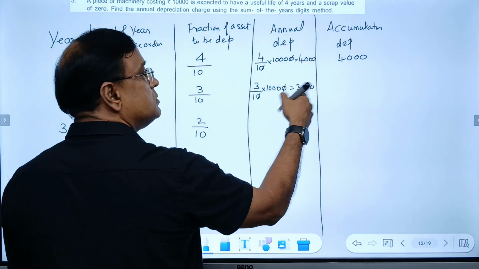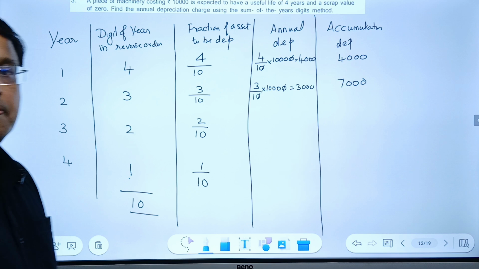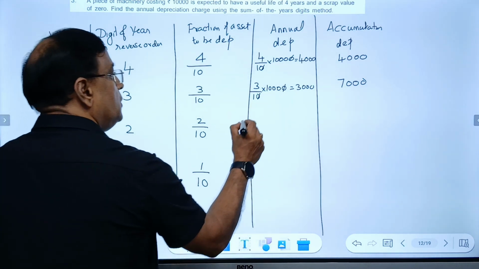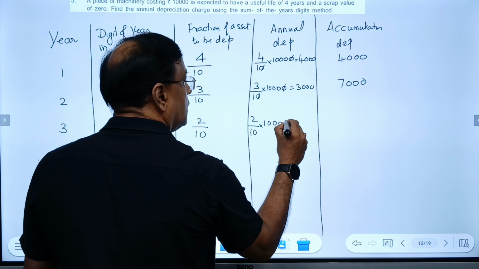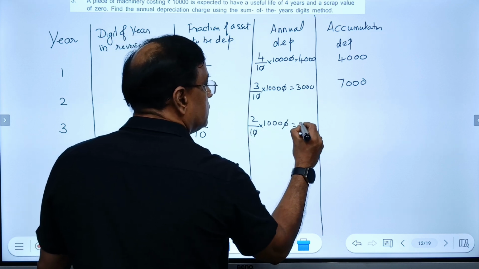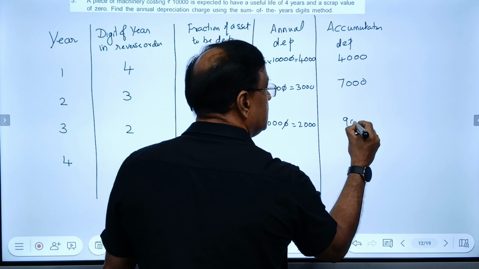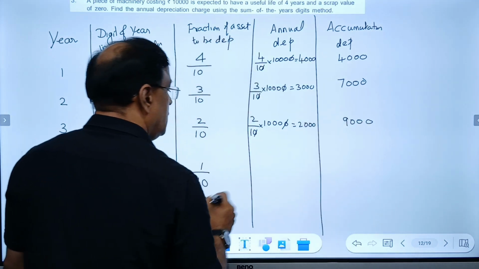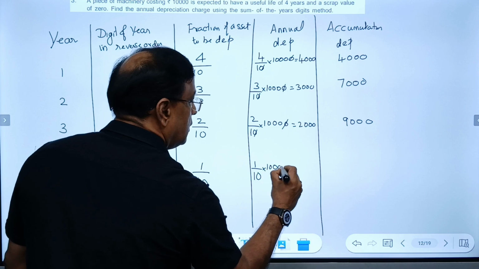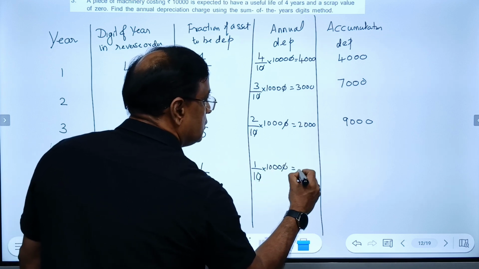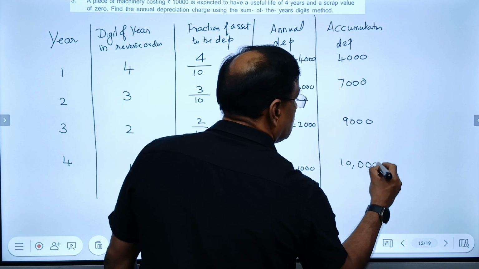Already there's 4,000, plus 3,000 will be 7,000. Now it is 2 by 10 into 10,000. This is again 2,000. Already 7,000 is there, it will become 9,000. And finally it is 1 by 10 into 10,000, which is 1,000. And you can see you got your original cost.